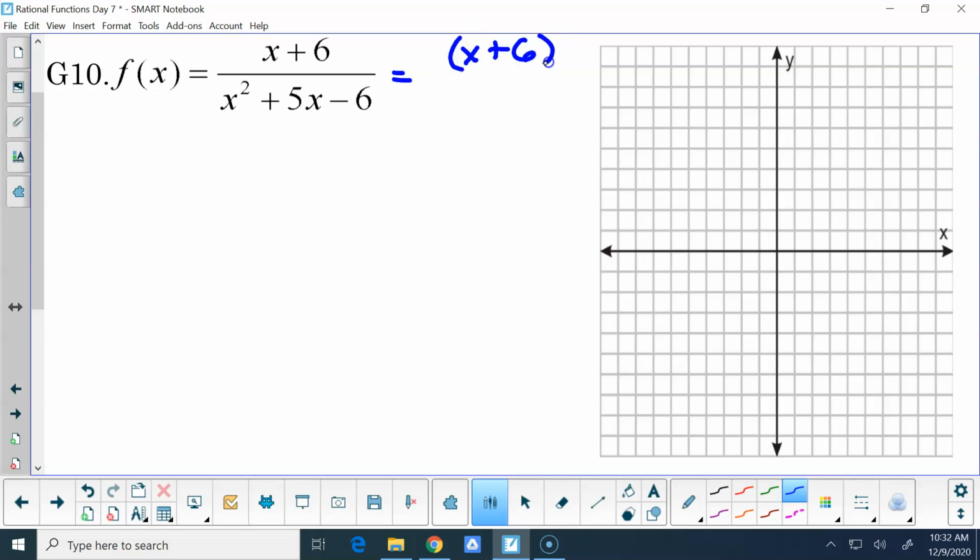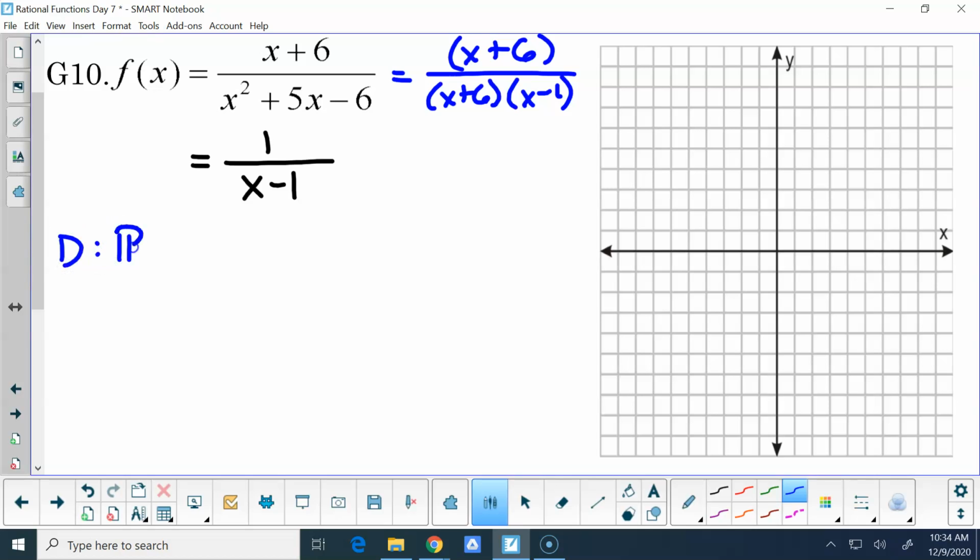Top stays x plus 6. Bottom factors to be x plus 6 and x minus 1. So my simplified function would be 1 over x minus 1. So for the domain then, we go back to the original function.